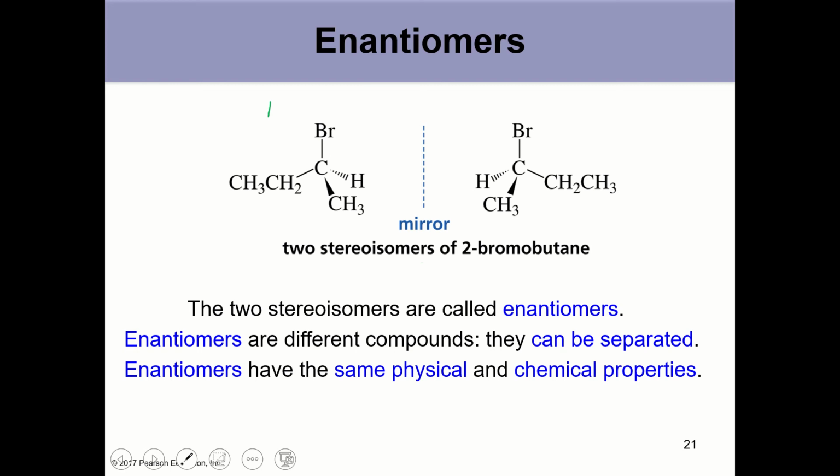They have, for the most part, the same chemical and physical properties. The only difference is the direction in which they rotate plane polarized light. But the boiling point, the melting point, and other physical properties and the solubility are identical between stereoisomers.